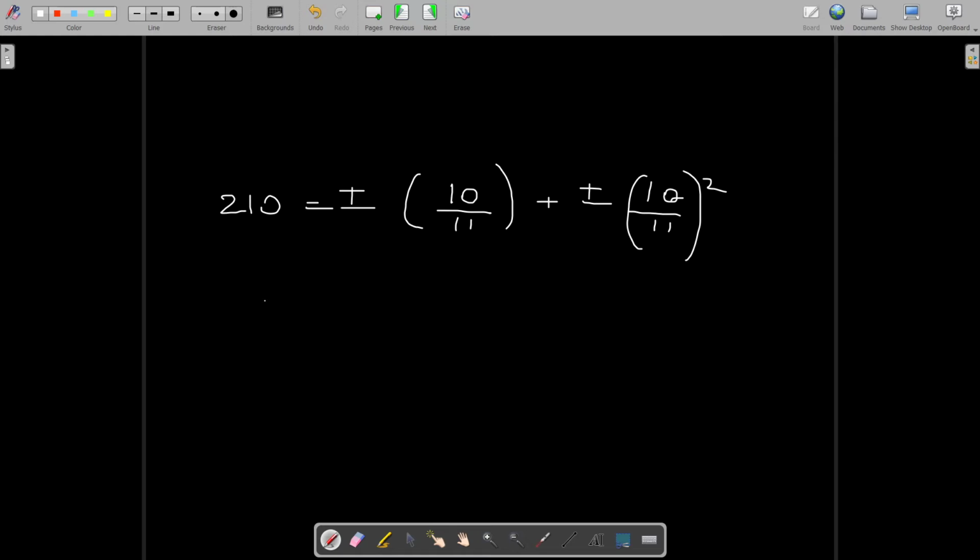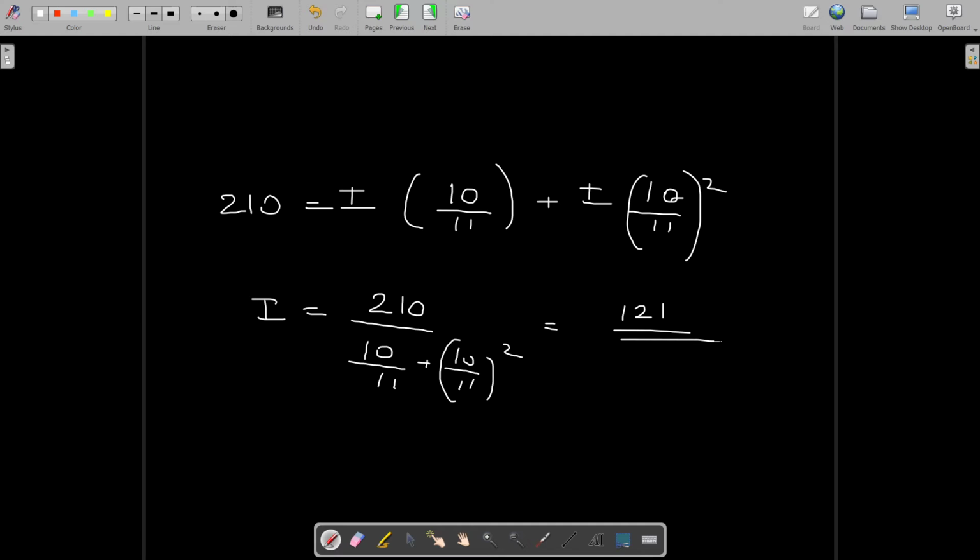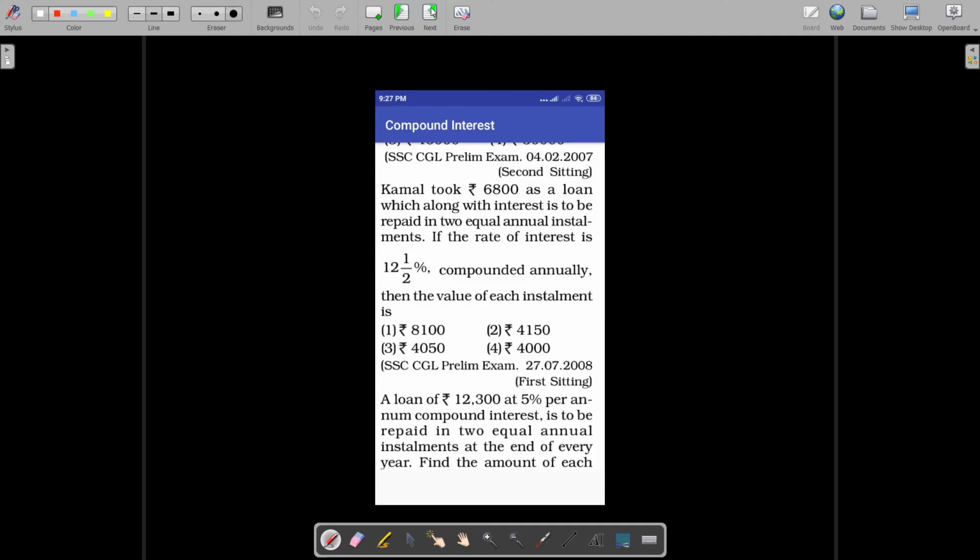So you get I equals 210 by 10 by 11 plus 10 by 11 square, and if you solve this, you get I equals 121. This is the way to get the answer. Now moving on to the next question.